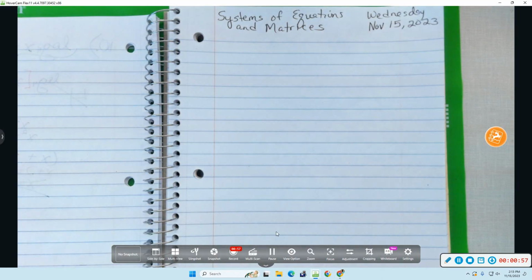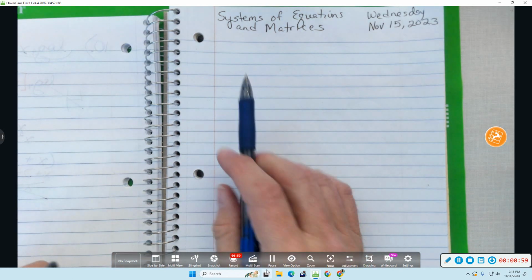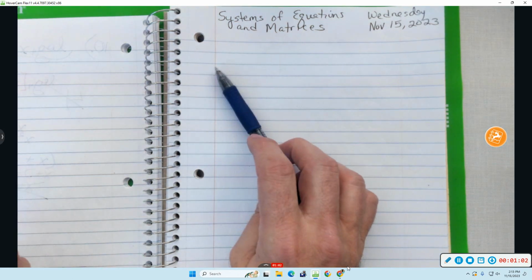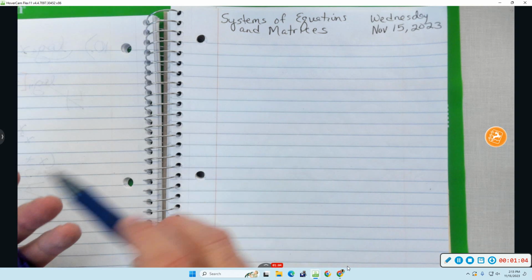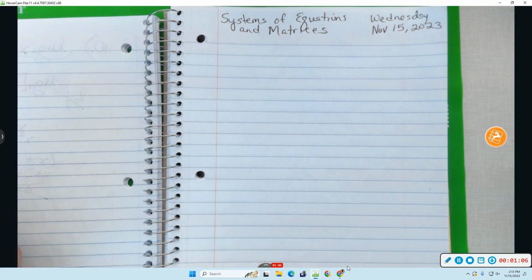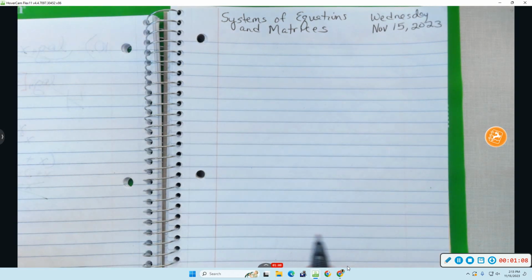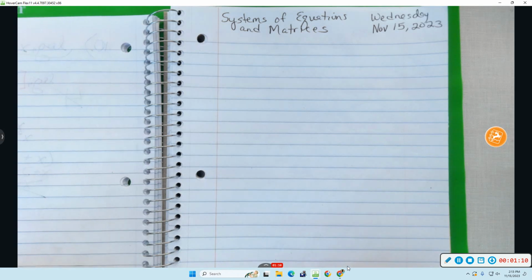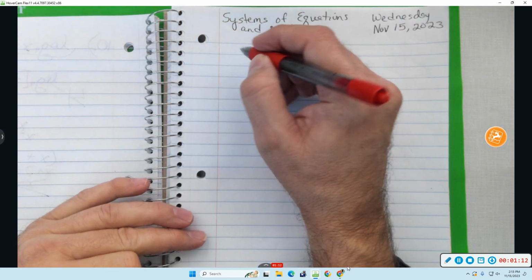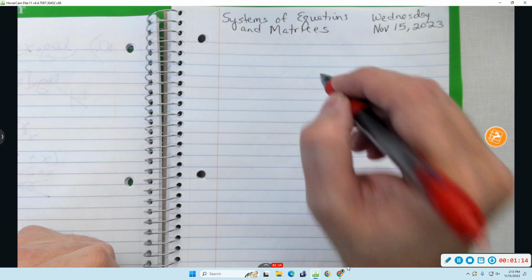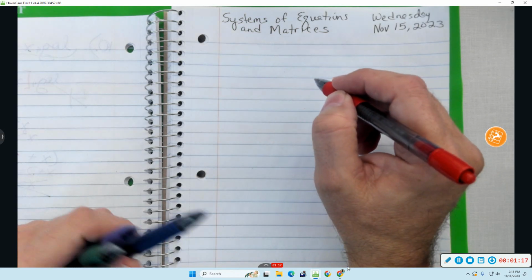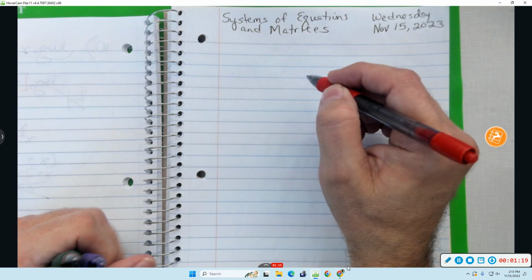But anyway, today we're going to be looking at something called systems of equations. If you recall in a previous algebra class, if the phrase elimination and substitution sound familiar, then you've already done this before. But if we think about drawing two lines, what we're actually going to be doing is finding points of intersection of lines.